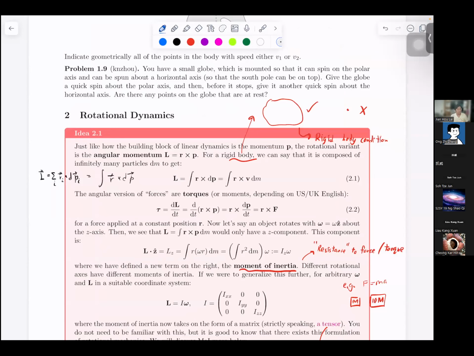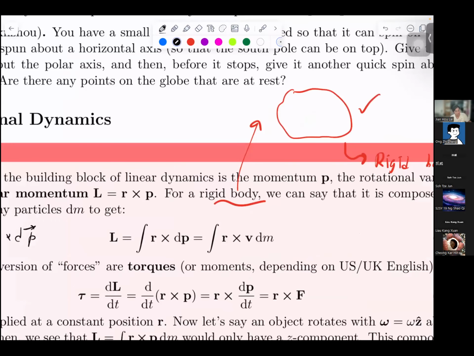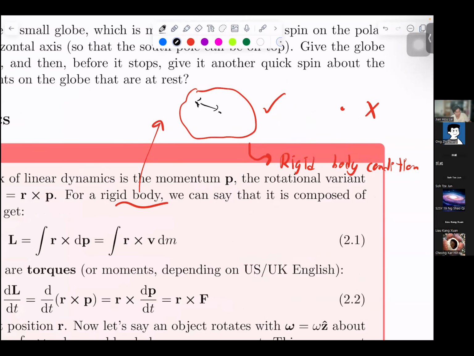Let's say we want to talk about an extended object, which we call a rigid body, and there is a condition to define what a rigid body is. Let's say we have any two points, A and B. The distance between the two points is always constant.